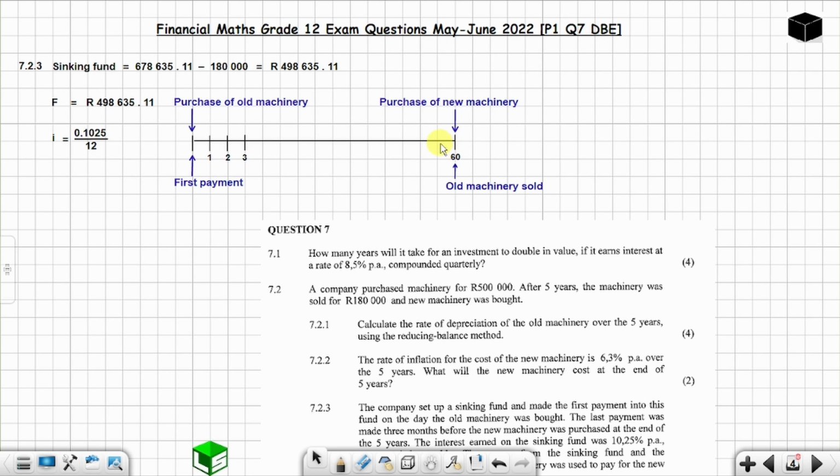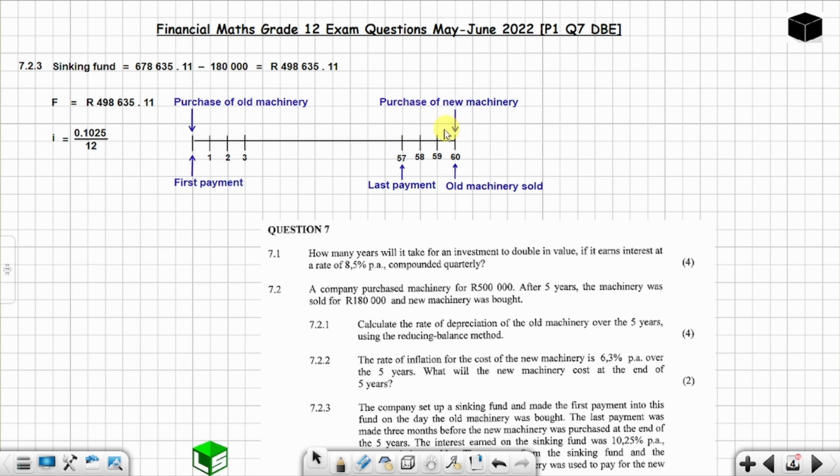So you are going to have 59, and then 58, and then 57. Okay, 3 months. You have the last payment which is made. Okay, I hope you understand so far. So you can see payments are made starting from there up until 57.